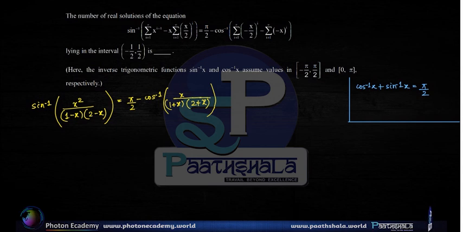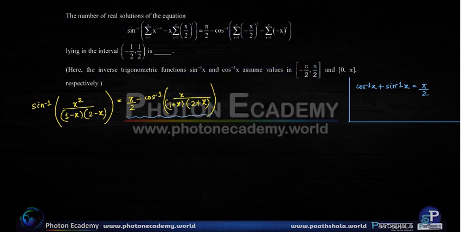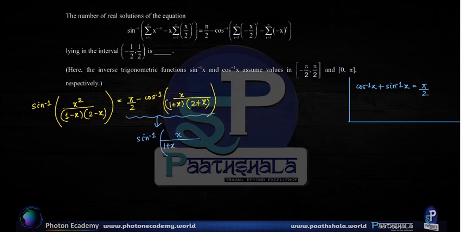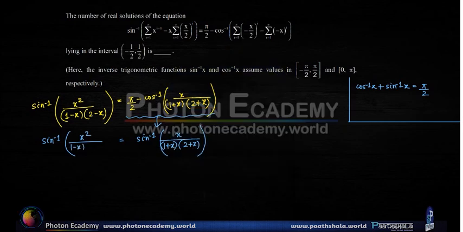That implies this changes into sine inverse of x divided by 1 plus x into 2 plus x, and this is equal to the LHS, which is as usual sine inverse of x square divided by 1 minus x into 2 minus x.